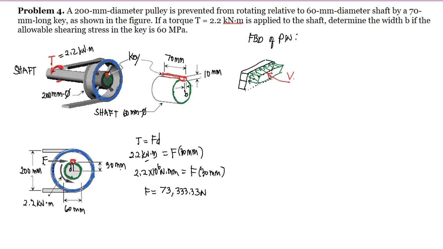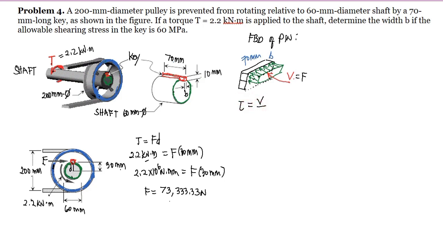Since we are interested in the width B, and this key has a length of 70 mm, in this case this force V here is equal to F, which has already been computed, equal to 73,333.33 Newton.